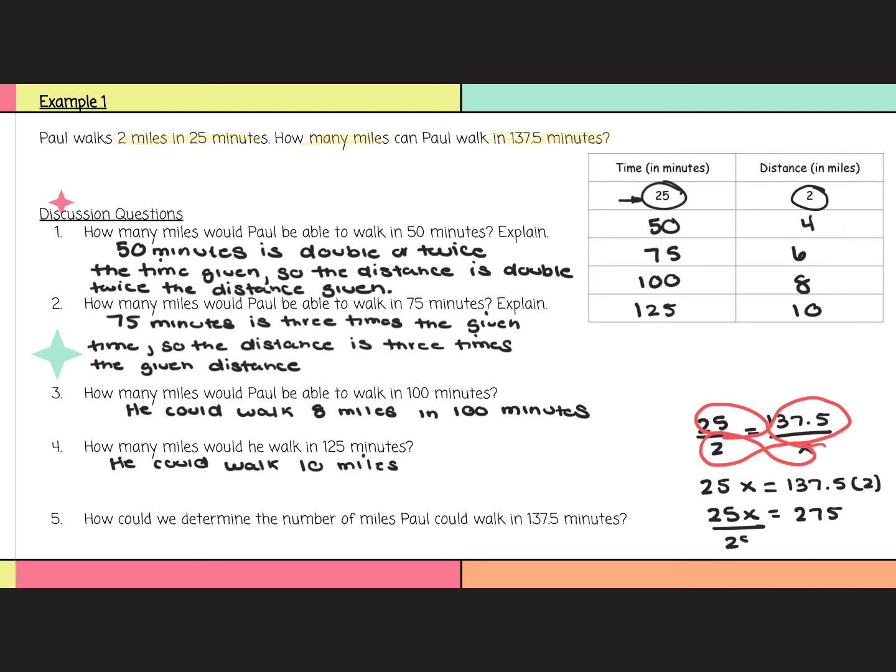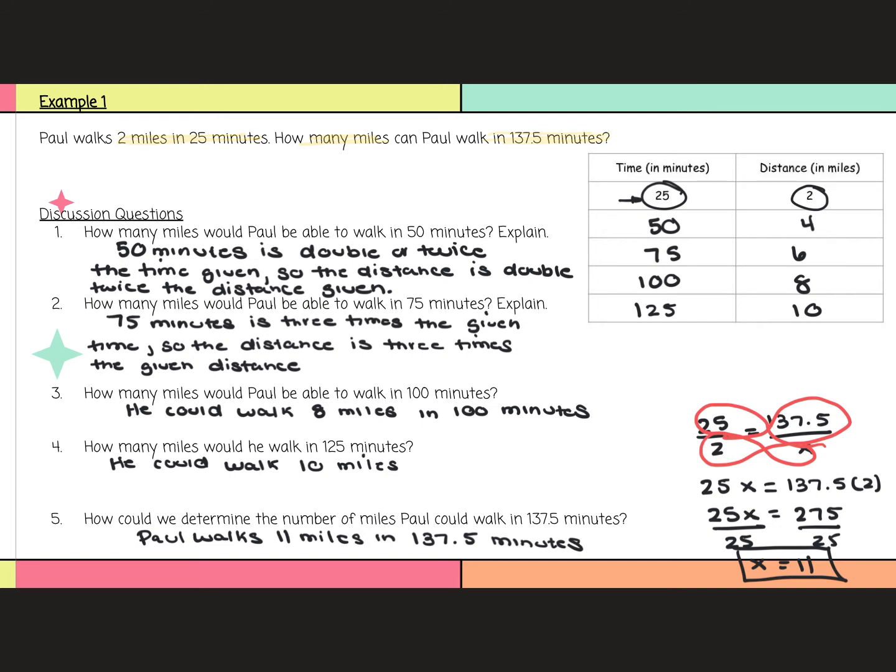Divide both sides by 25, and we get that x is equal to 11. Based on that proportional relationship, Paul walks 11 miles in 137.5 minutes.